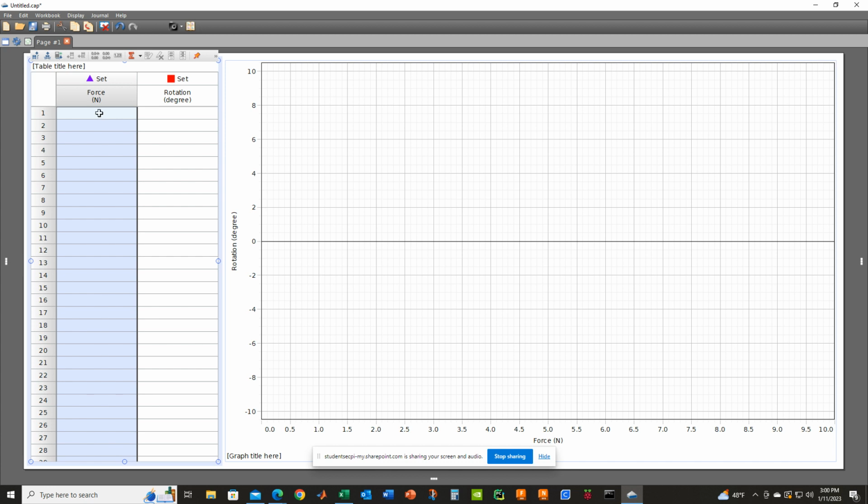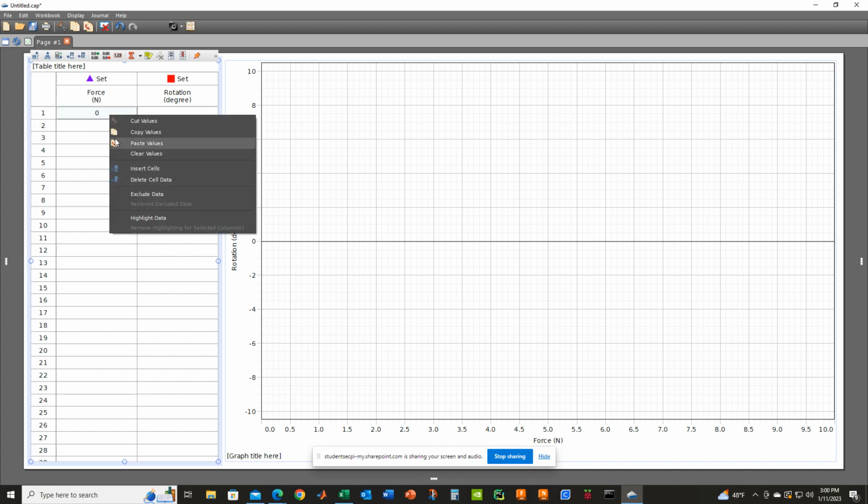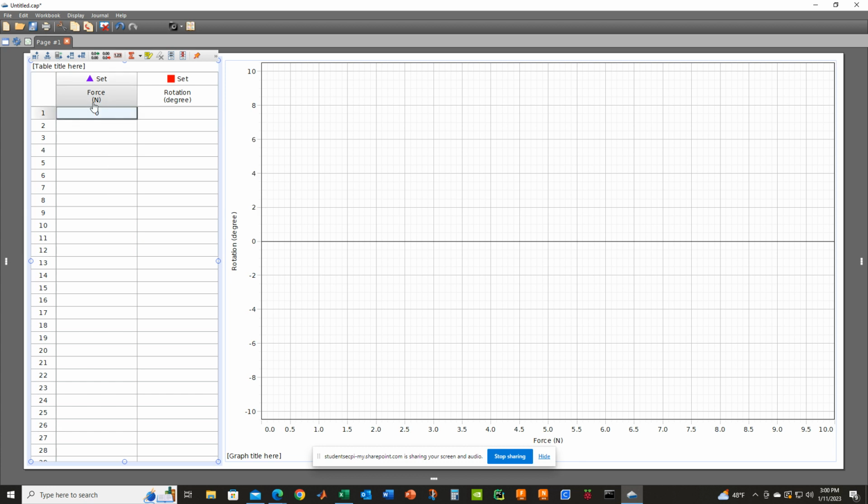My first force value is 2E-3. Let me see if that works. I need to set this cell, you know what, I'll just try 0.2002. All right, that works.